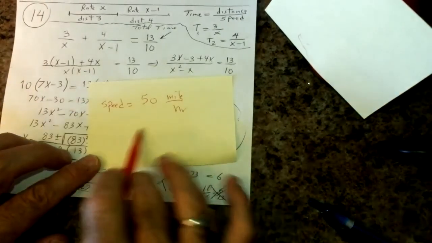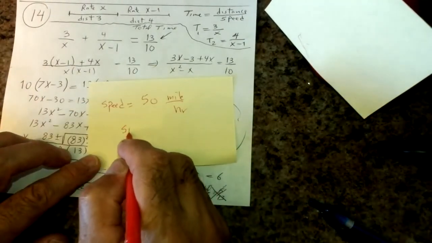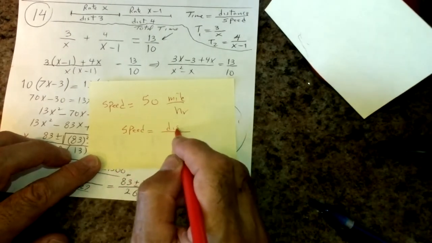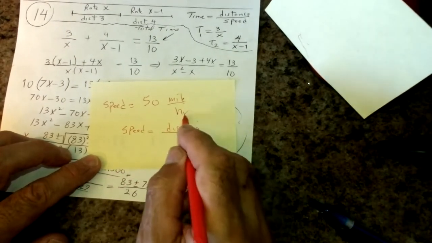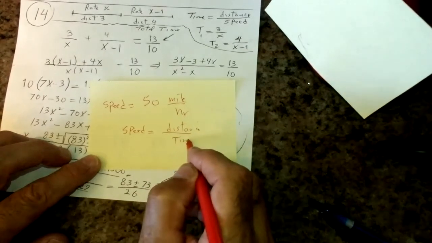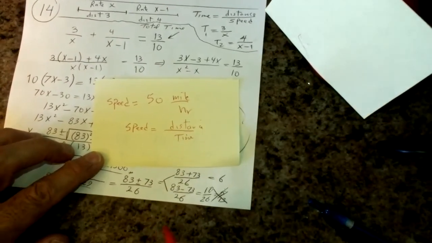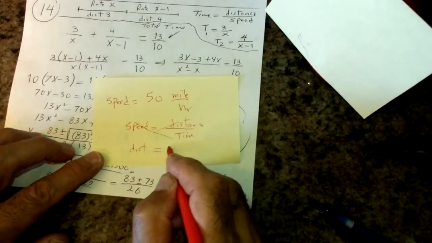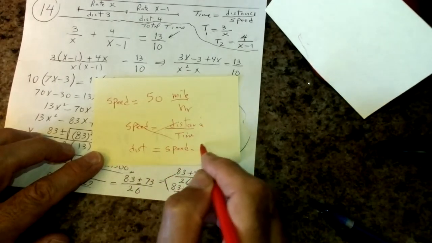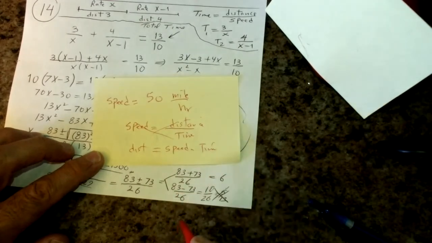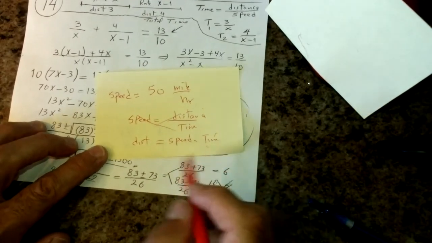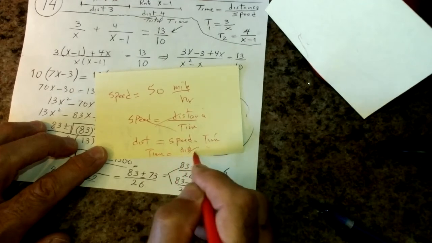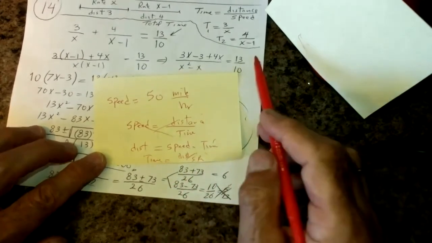My speed is 50 miles per hour, means a speed is the distance divided by time, or distance, if you cross multiply, is a speed multiplied by time, or time is distance divided by a speed. See here?